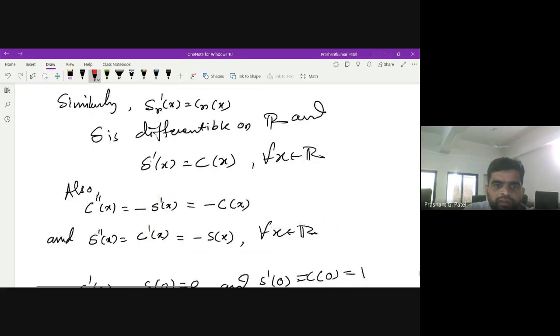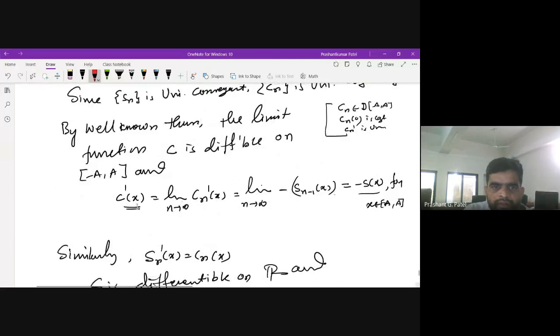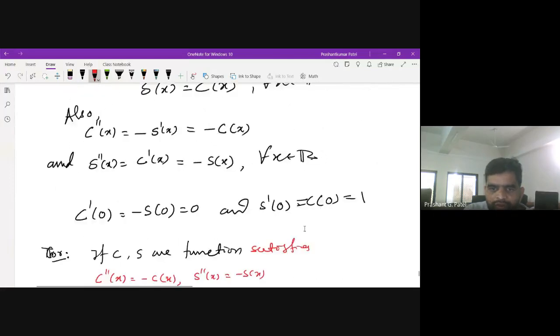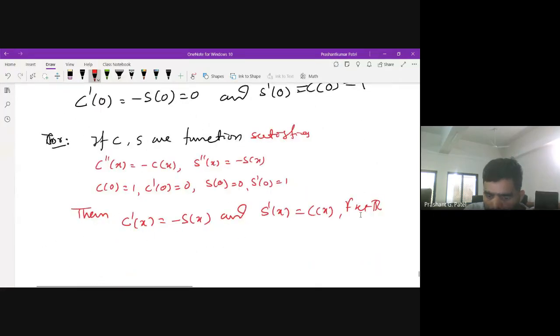You can just see that s dash is c of x, and c dash of x is minus s of x. That we have already done.